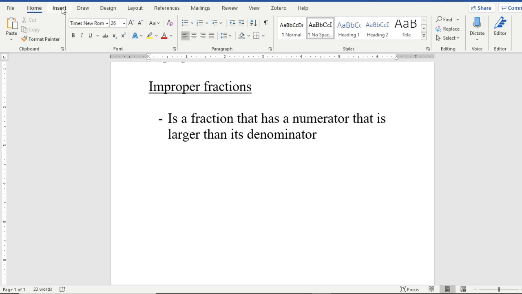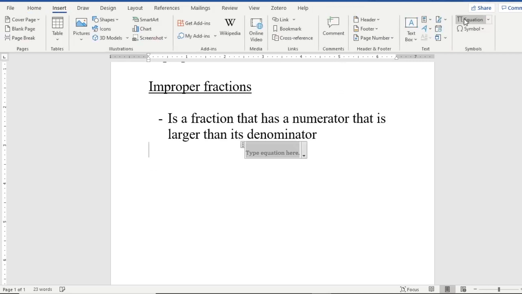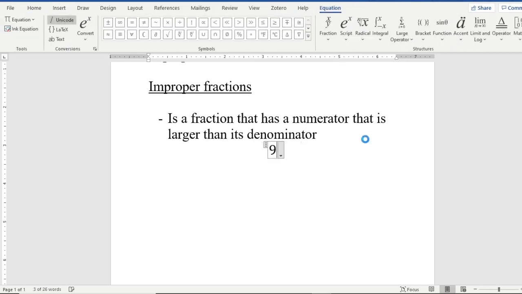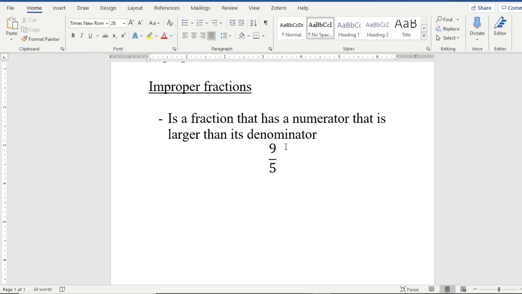So let me grab an example of what that looks like. 9 over 5. That is an improper fraction because 9 is bigger than 5. Most of the time, these are allowed, but in some cases, they do not like improper fractions. They want what's called a mixed number.